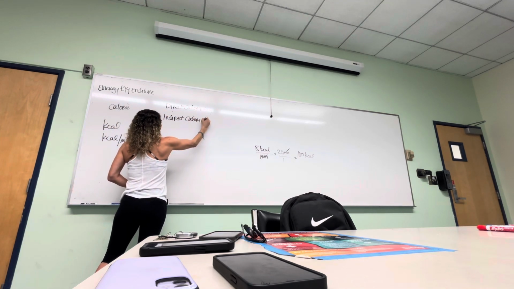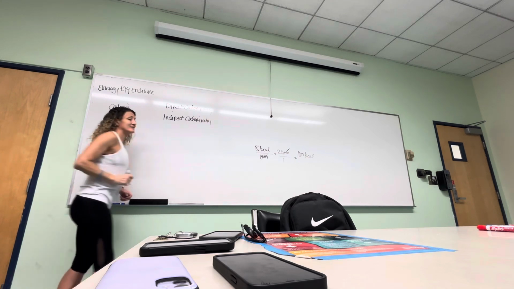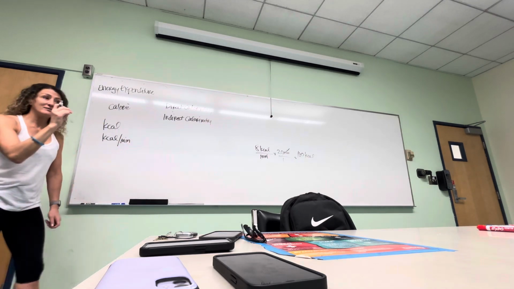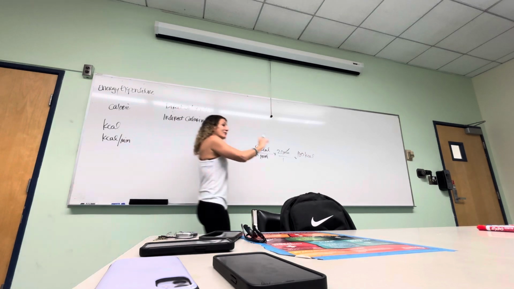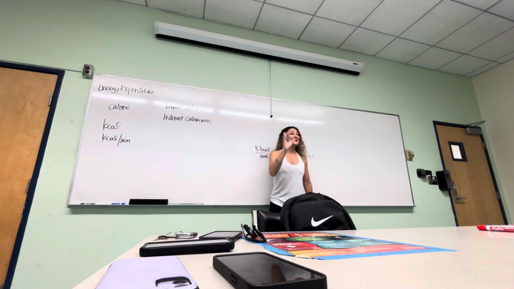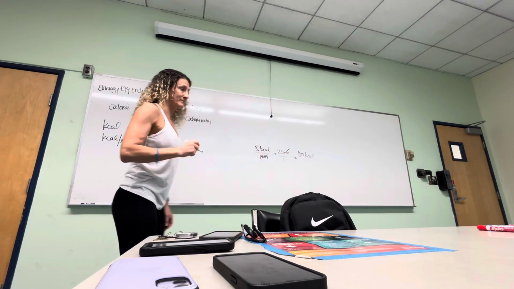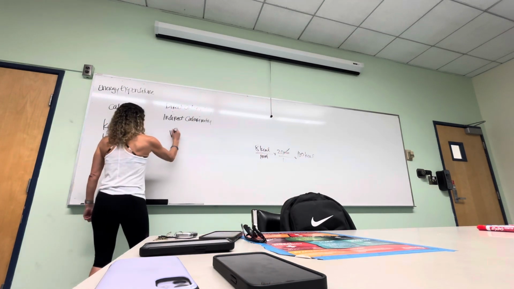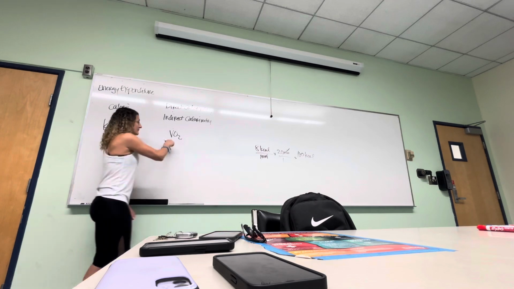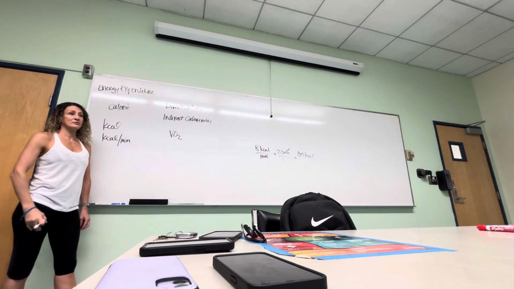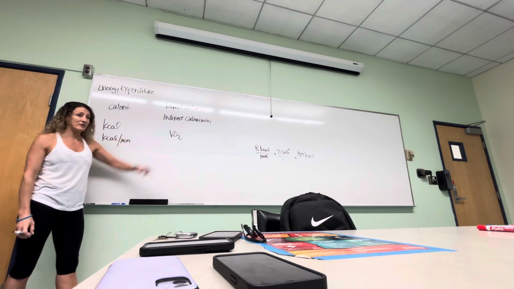So it's indirect, meaning instead of directly measuring the heat, we're measuring something else that we know is related to the heat. And we measure that, and we can estimate the heat. Okay? So what we're measuring in indirect calorimetry is your oxygen consumption. And we write that as VO2. V stands for volume, O2 stands for oxygen. This is volume of oxygen.